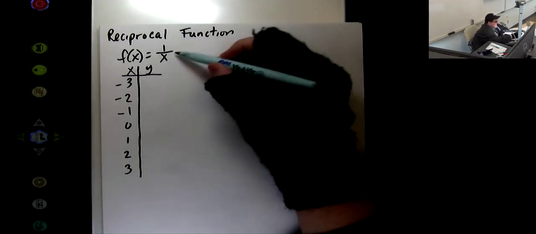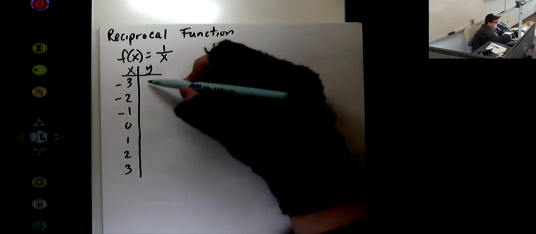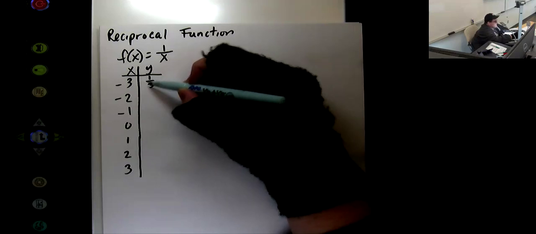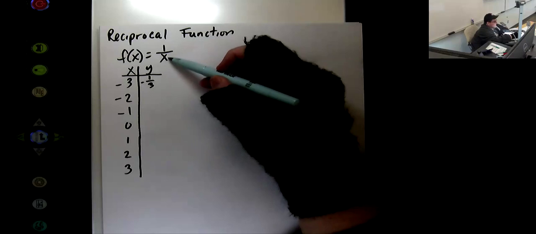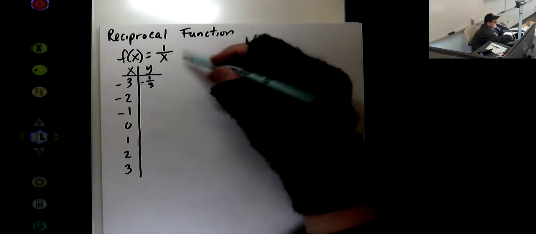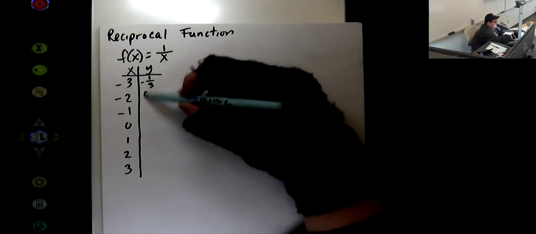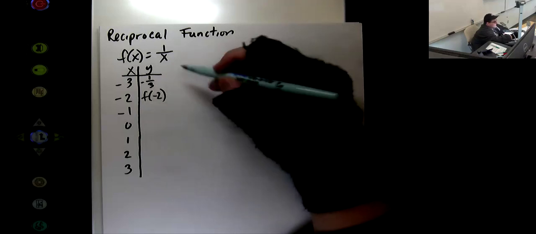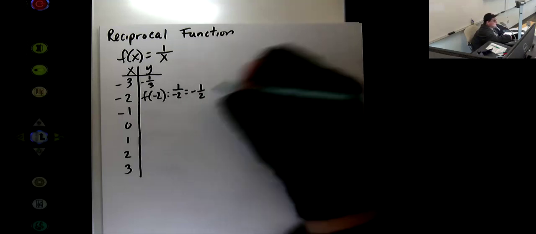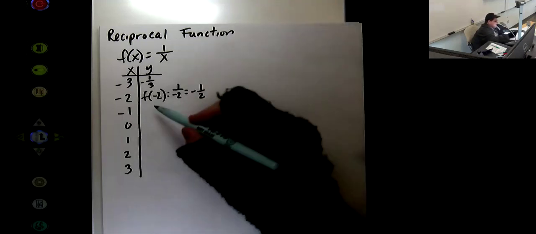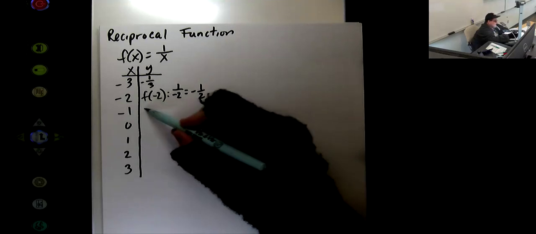When I stick in -3, I get 1 over -3, so -1/3. If I stick in -2 in the function, this is like doing f of -2. Let's tie this into our lecture from Tuesday. I have 1 over -2, so -1/2. If I stick in -1, I get -1.